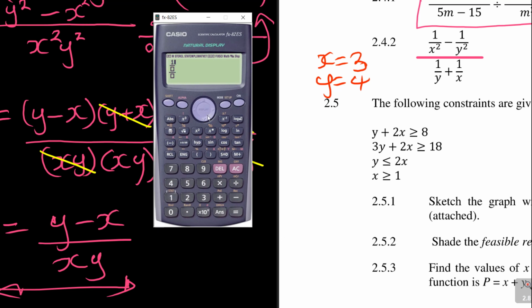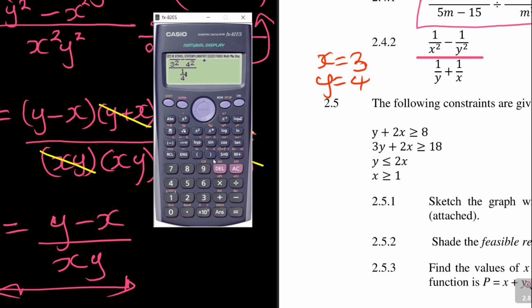We've got 1 over, remember x squared is 3 squared, right? Minus 1 over y, at the bottom is what? 4 squared. Then you've got 1 over y again, there is 1 over, y is 4, not 7.